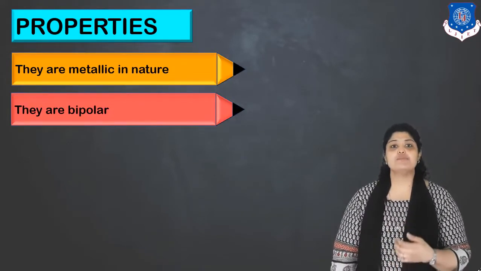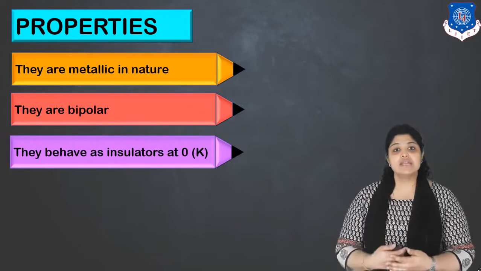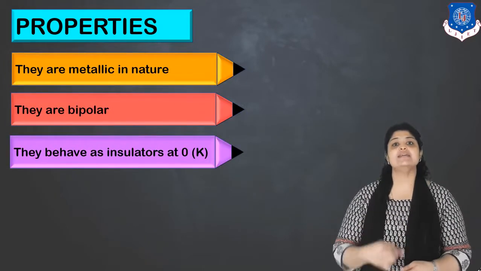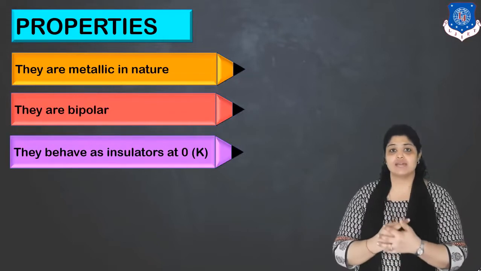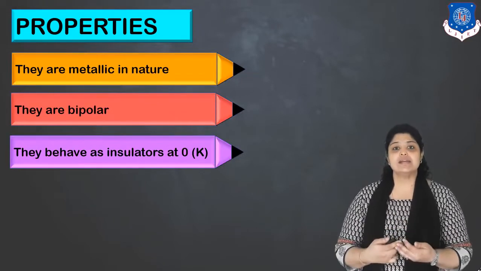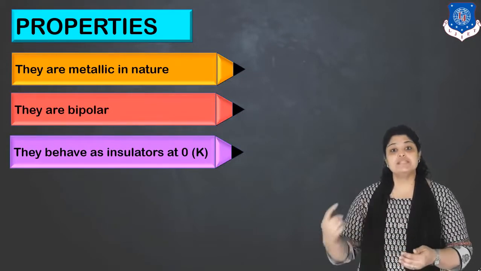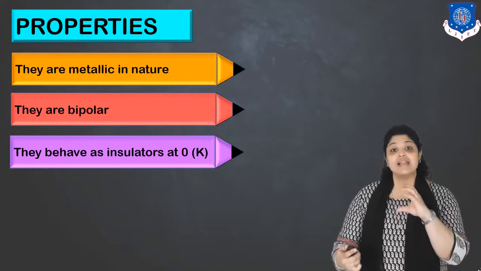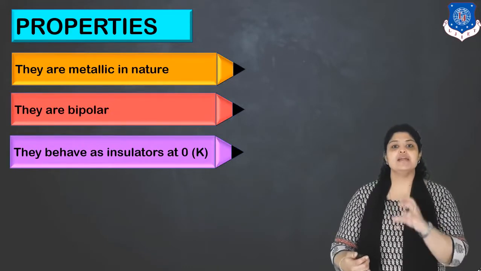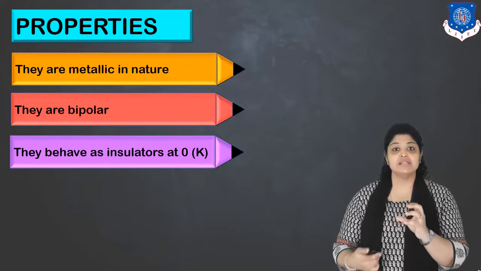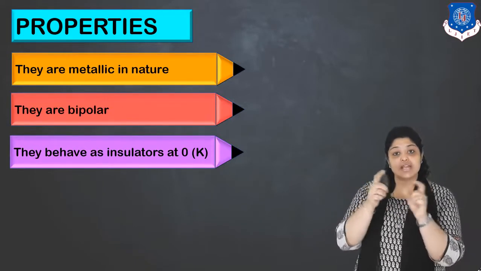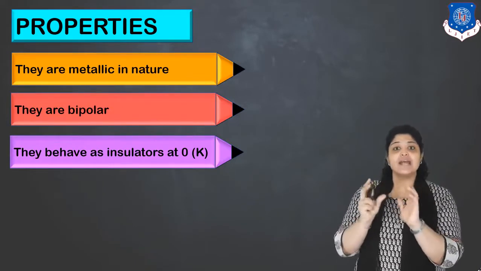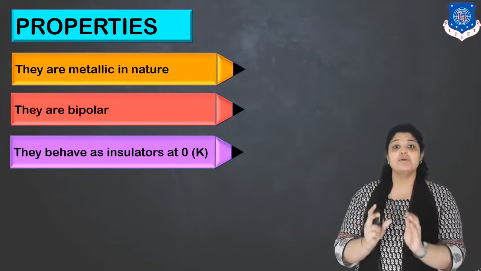Moving on to the next property, we have semiconductors behave as insulators at 0 Kelvin. Why? Because in semiconductors, at 0 Kelvin temperature, the valence band is completely filled up with electrons. That means the outermost shell, the sharing of electrons among the atoms is done. There are covalent bonds present.